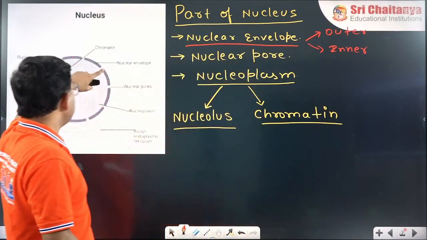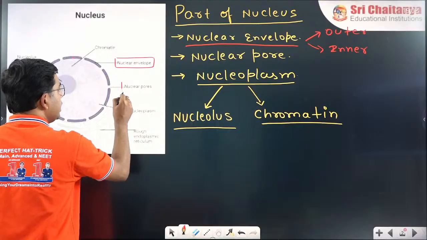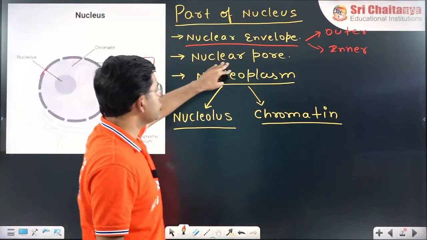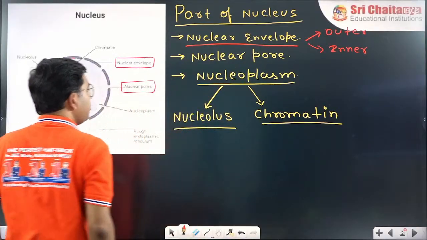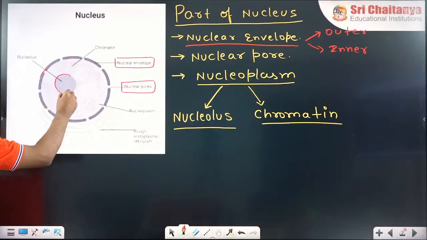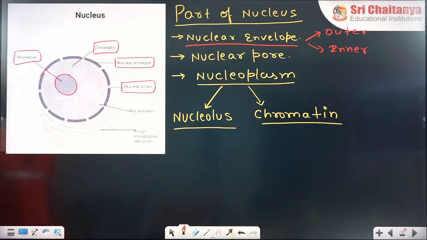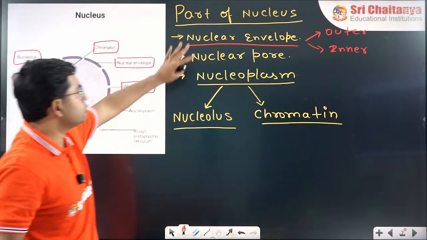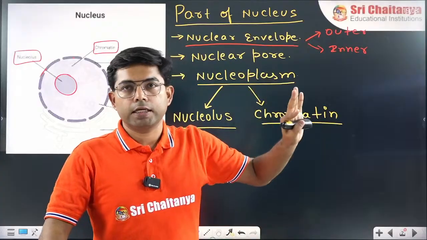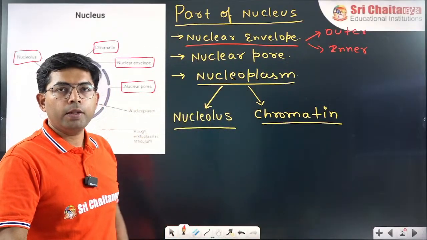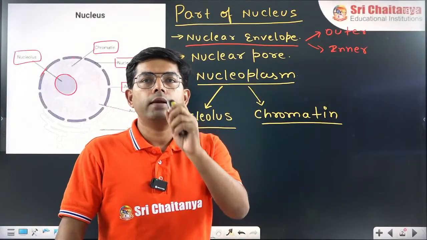In the nuclear envelope, small pores are present, which are called nuclear pores. Inside is the nucleoplasm, and the nucleoplasm has a spherical structure called the nucleolus, and a thin thread-like structure, which is chromatin. This is overall the parts of the nucleus, which we did in the last class. Now today we will see all these parts of the nucleus one by one.